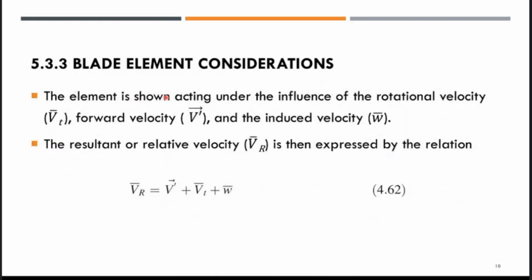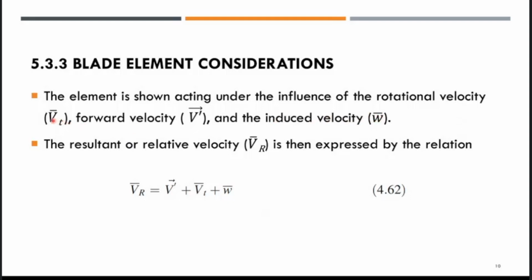The element is shown acting under the influence of the rotational velocity, the symbol V cap subscript T, as well as the forward velocity, V prime with an arrow pointing to the right, and the induced velocity, symbol W cap.